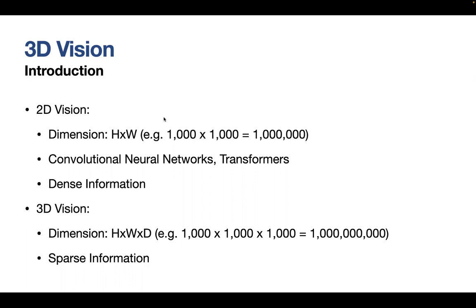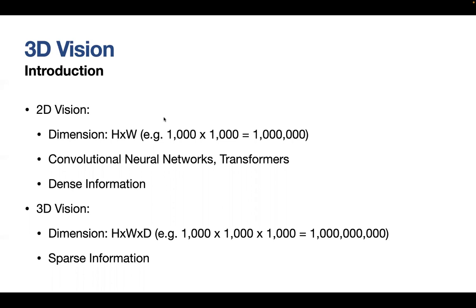In 2D vision, our input has two dimensions: height and width. If we say, for example, 1,000 by 1,000, then we have 1,000,000 pixels. That is a couple of megabytes, so we can definitely store it easily in modern computers.